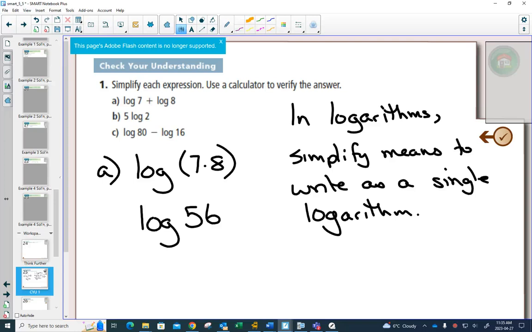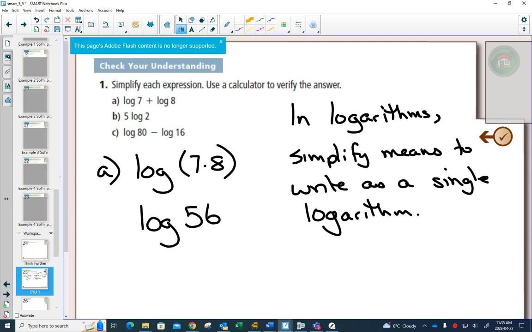Chase, you are going to tell us, using your mental math skills, what the answer to log of 56 is, but you only have to get the first digit right. The rest is close, it's close enough. So, we are going to try and do mental math of what is log of 56.